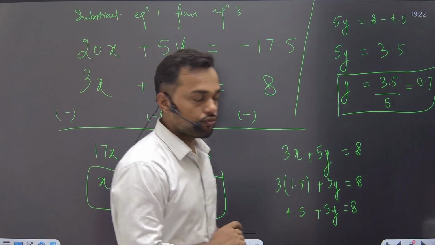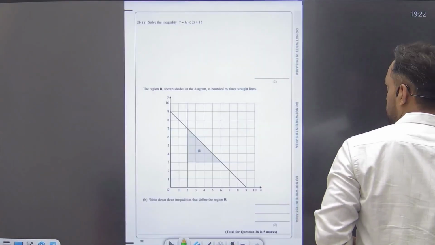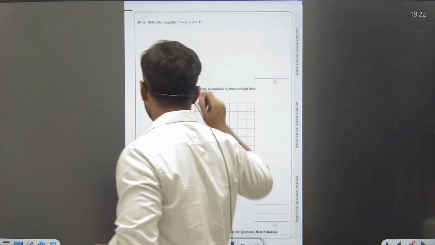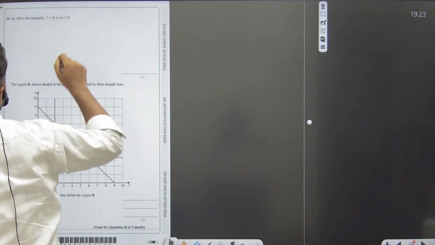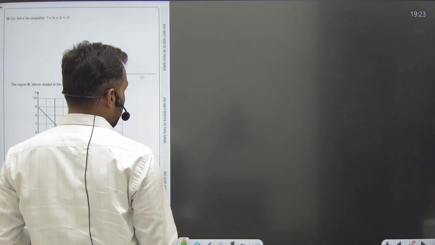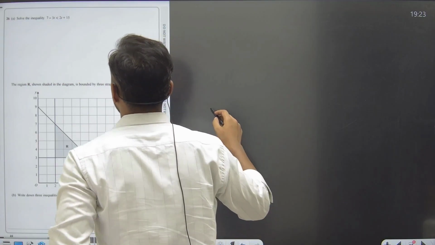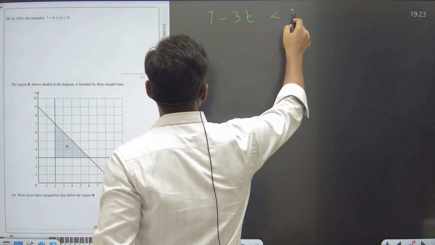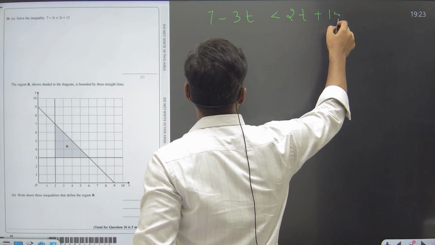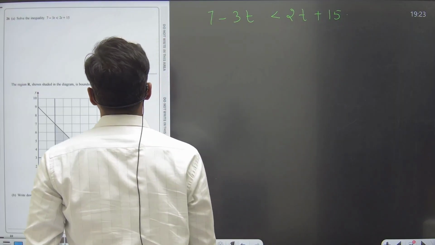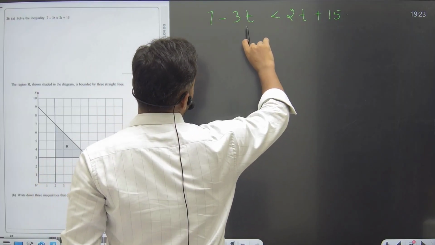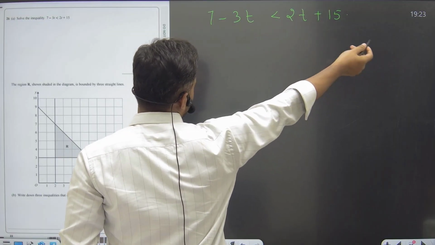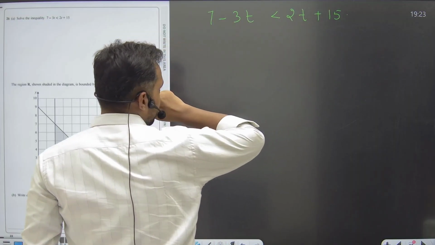This is how we need to solve it. Now solve the inequality 7 minus negative 3t is less than 2t plus 15. See, 7 minus 3t is less than 2t plus 15. We will transpose 3t to the right hand side and 15 to the left hand side.